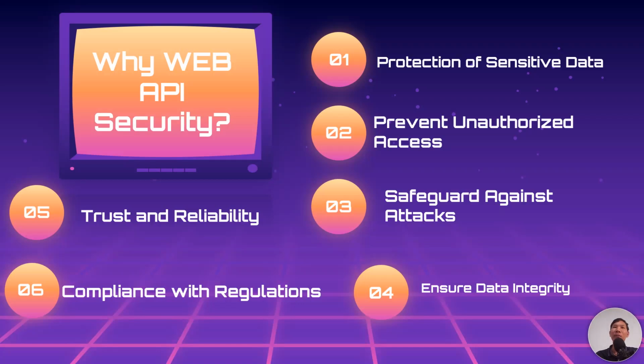So here are some reasons why we need to secure our APIs. Number one, protection of sensitive data. You know, APIs often transmit data and information like user credentials, personal data, or financial details.